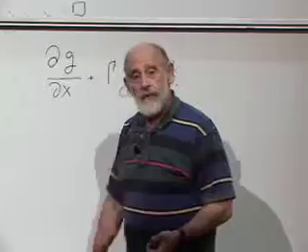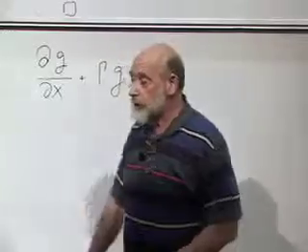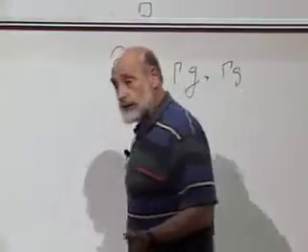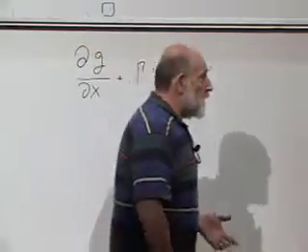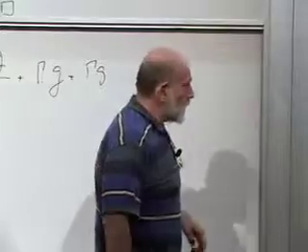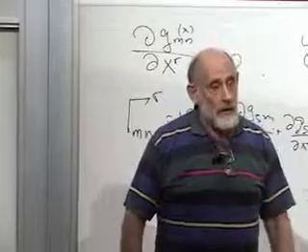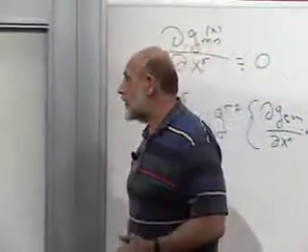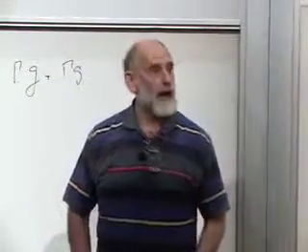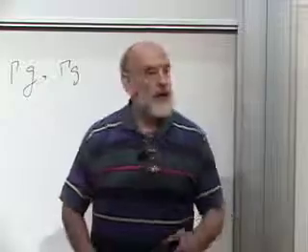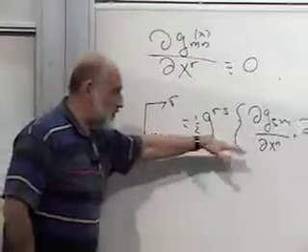So the covariant derivative of g is equal to 0. It's a tensor, and if a tensor is equal to 0 in one coordinate system, then it's equal to 0 in every coordinate system. Well, there was nothing special about the origin of coordinates. I could have done exactly the same thing at every point. And so I conclude that the covariant derivative of g is 0 everywhere, just because I can choose coordinates at any point where the derivative of g and the Christoffel symbols are equal to 0.